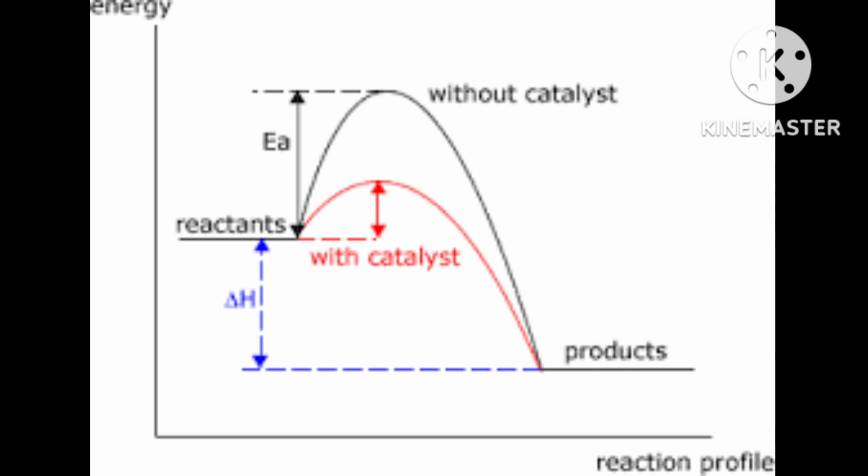Either by heating or by collision, they will collide with each other, their energy will be more than 3,500, and then it will give the product. I have sent the diagram, in the last video you can see that diagram also. Reactant is not giving the product directly, you have to heat it. Then that is the threshold energy, the total energy it has to cross.